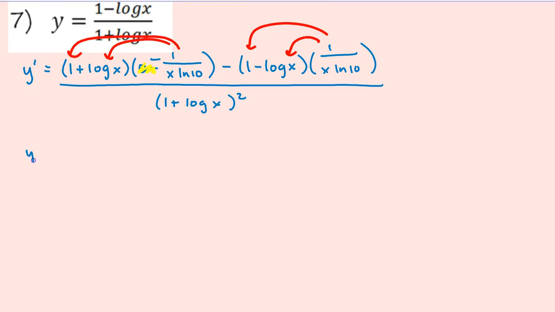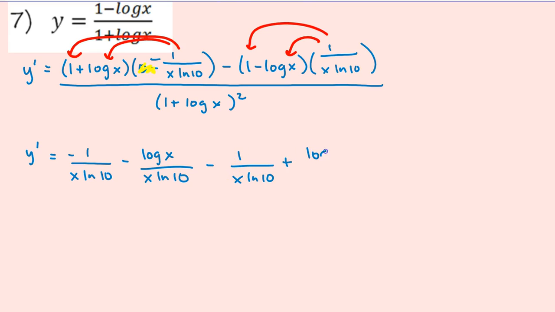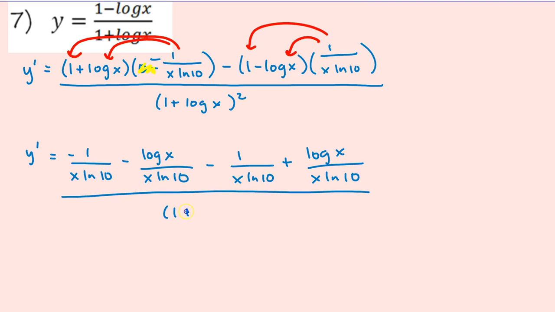And we have negative 1 over x natural log 10 minus log of x over x natural log 10 minus 1 over x natural log 10 plus log of x over x natural log 10 all over our denominator.